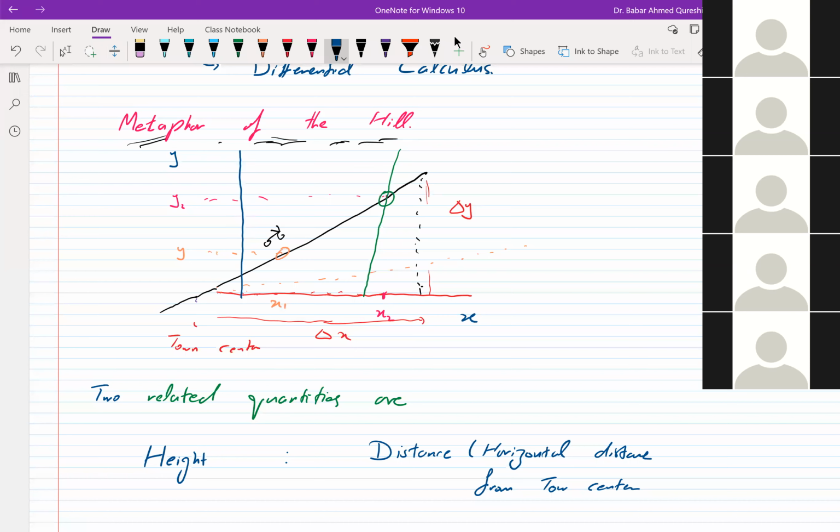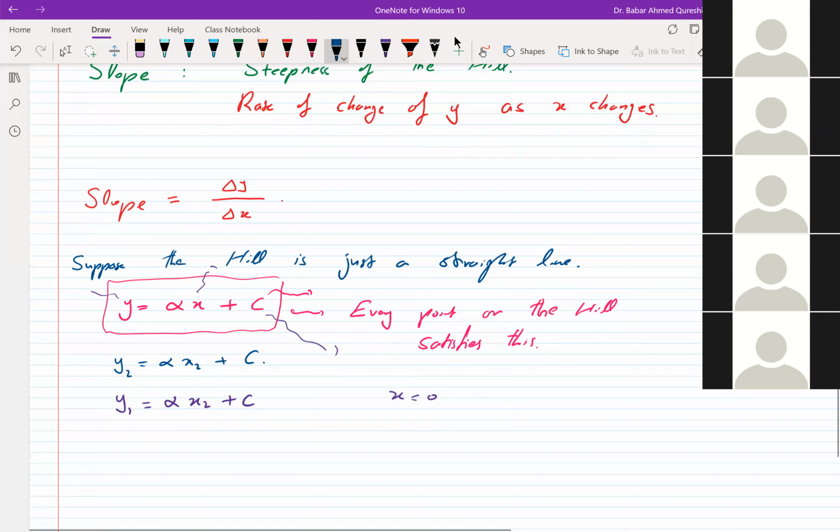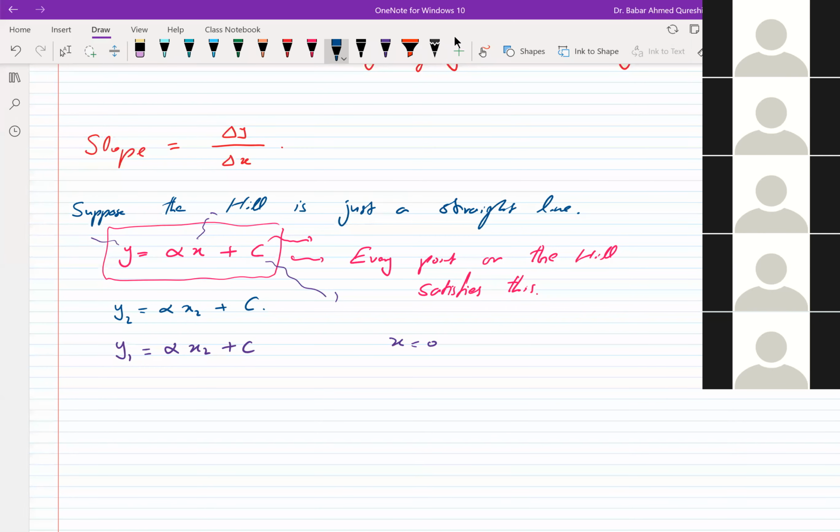So when you are at the city center, you are not at sea level. You're already climbing up the hill. So you have a particular value of height at x is equal to 0, and that will give you y is equal to c.